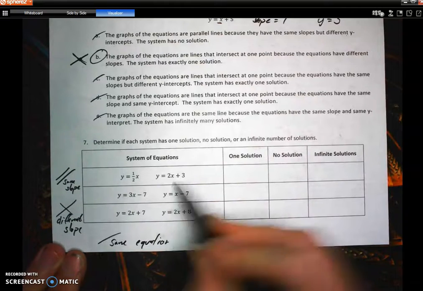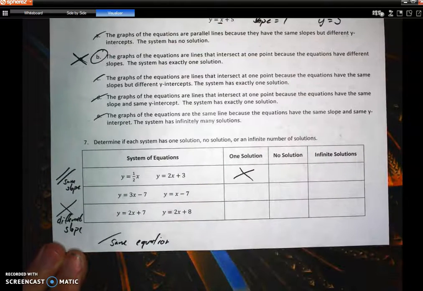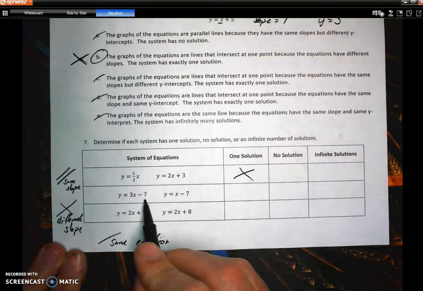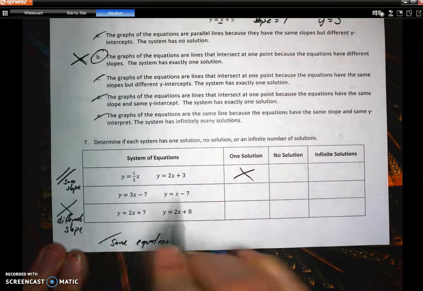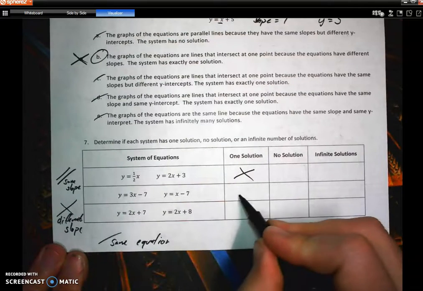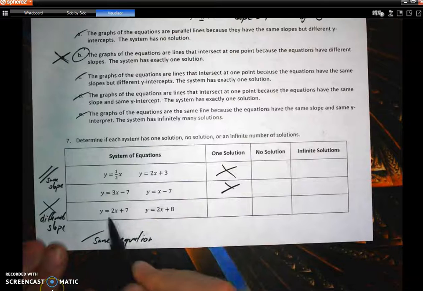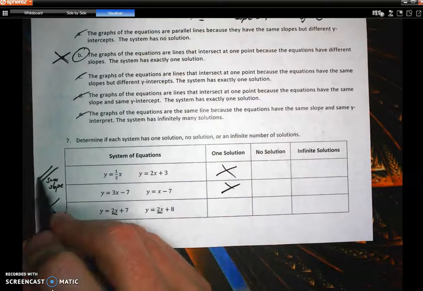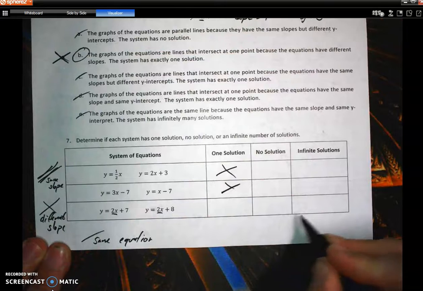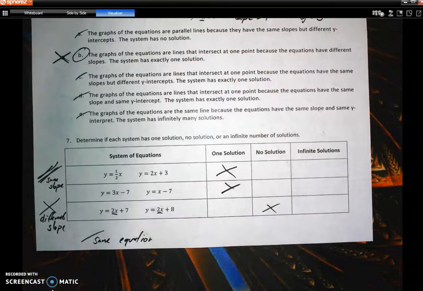They're different. That's going to be one solution. 3x minus 7, x minus 7, they almost look the same, but they have different slopes. That's also one solution. 2x plus 7, 2x plus 8, they both have a slope of 2, and when they have the same slope, they're parallel, no solutions there. So there's going to be no solutions on that one.